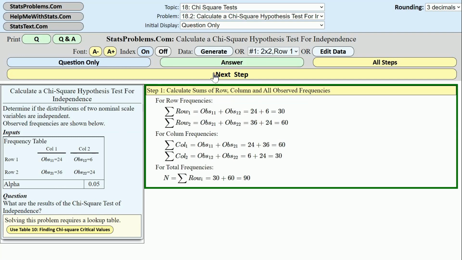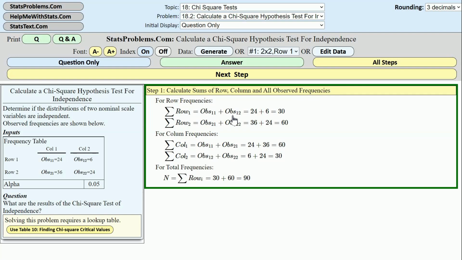Let's step through the solution by clicking on the Next Step button. In step 1, we calculate the sums of row, column, and all observed frequencies. For row frequencies, the sum of row 1 is the frequency of row 1 column 1, OBS 11, plus the frequency of row 1 column 2, OBS 12.